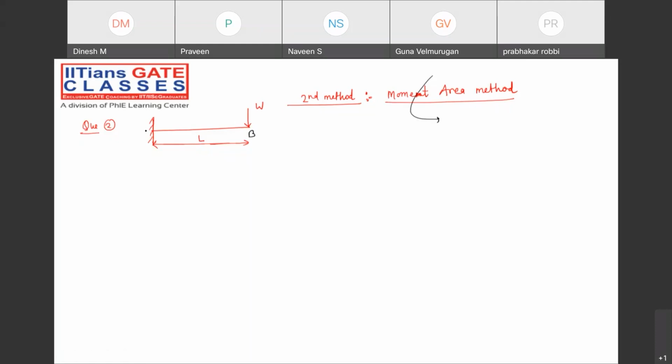Suppose this is the point B, this is the point A. Theta B minus theta A will be the area of M by EI diagram between B and A. Note down, area of M by EI diagram between B and A. Very important.